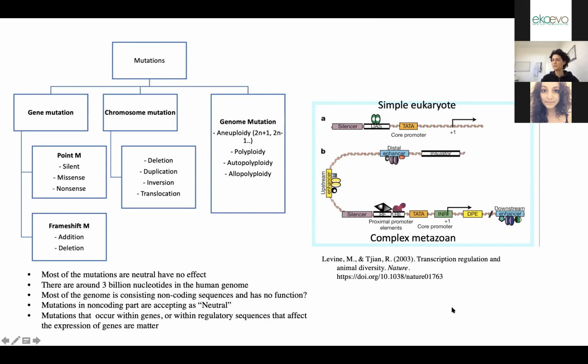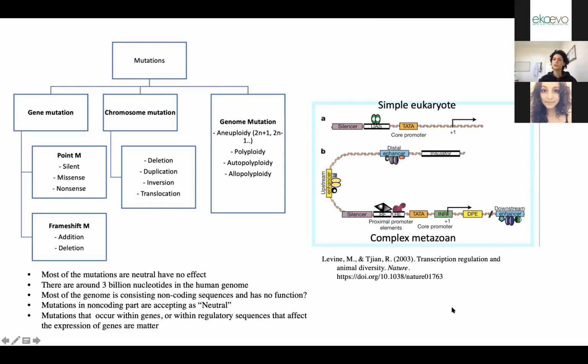There are many different classifications of these actually, so this is the basic one. Chromosome mutation can be deletion, duplication, inversion, or translocation. Genome mutation can be when the chromosome number increases by one, or increases as a group, like polyploids, called auto- or allopolyploid. I will give information about that because it is one of the main sources for plant speciation.